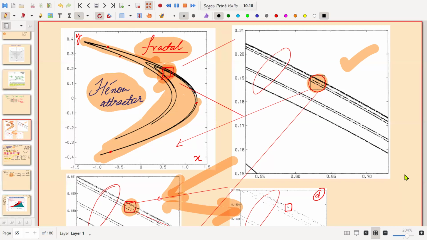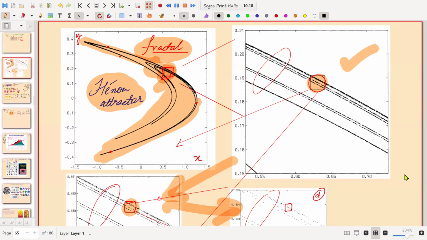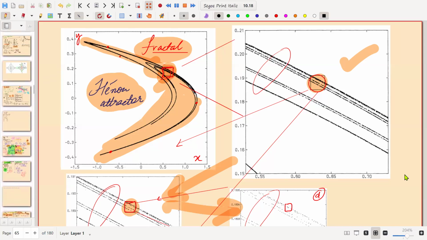So can we identify a region? If you take that region, any initial condition inside it will always lead to the Hénon attractor. That is the question we want to ask. Can it be possible? And the answer to that is yes.